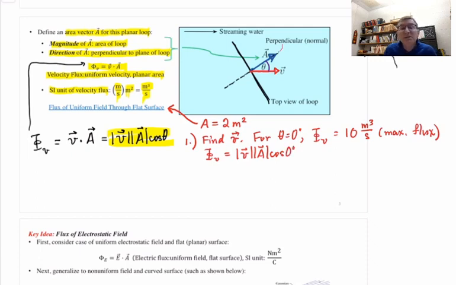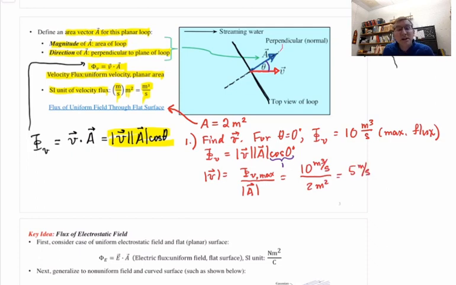Then the phi I'm going to use is 10 meters cubed per second, and I'm just going to solve for V magnitude. Of course, I know that cosine of 0 is 1, so I don't need to write that anymore. So V magnitude is phi sub V, the velocity flux value, the maximum, divided by the area inside the loop. That's 10 meters cubed per second over 2 meters squared. That's 5 meters per second.